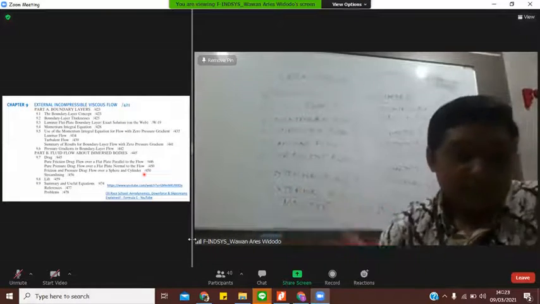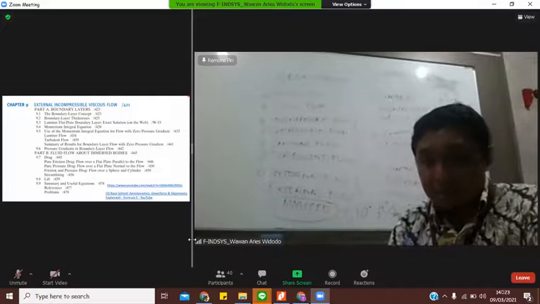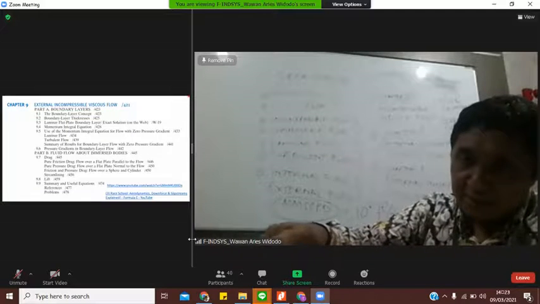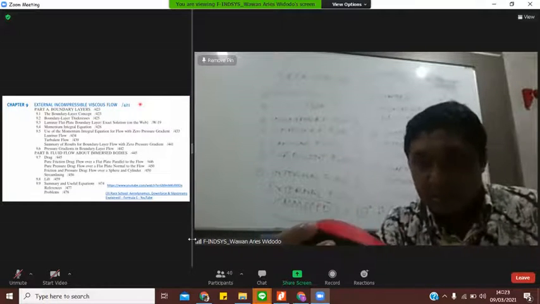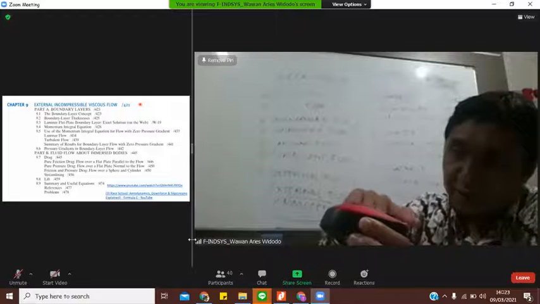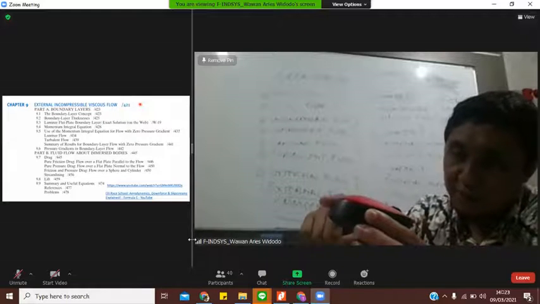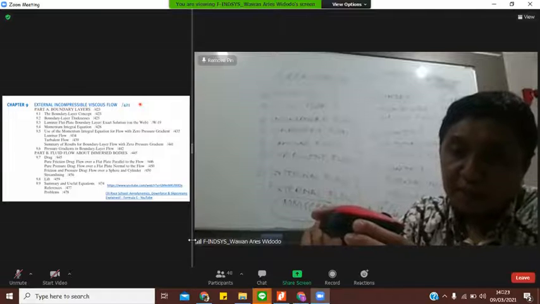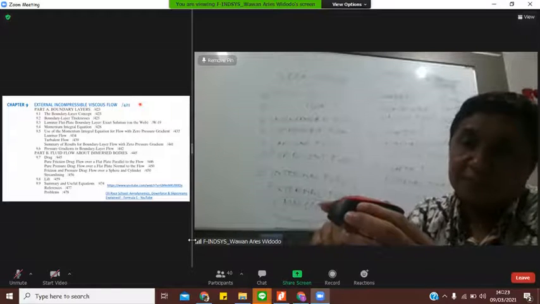If the flow is over the flat plate here, this is zero pressure gradient. If the shape has a curvature surface here, it will create non-zero pressure gradient.